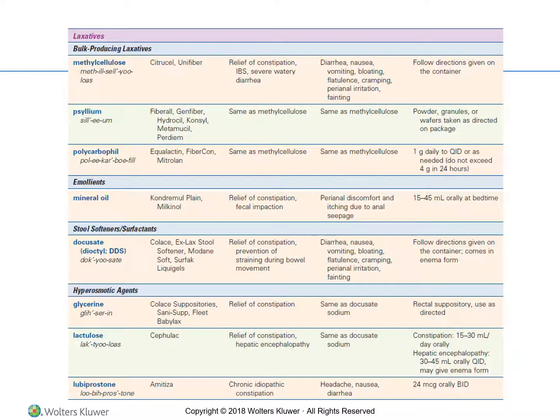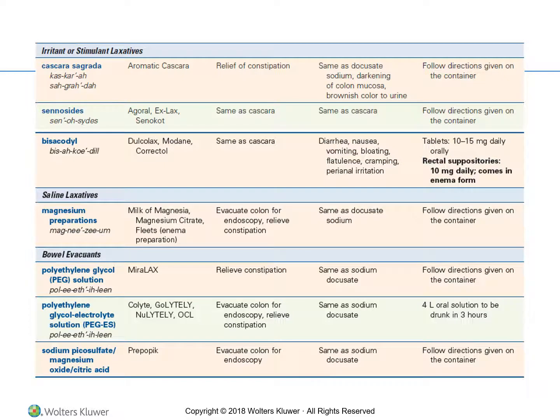The hyperosmotic agents are things like lactulose. That's the big one I want you to remember. And they're only used for severe constipation. And like I said, in the event of hepatic encephalopathy, lactulose helps the expulsion of that ammonia that's built up. Irritant or stimulant laxatives, these are the ones that do cause the person to go.